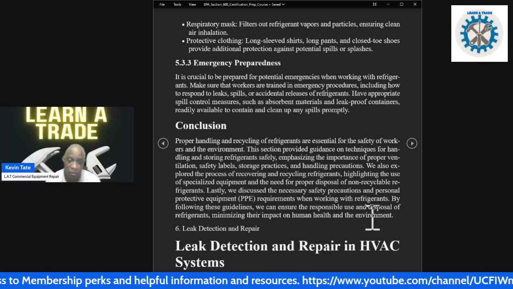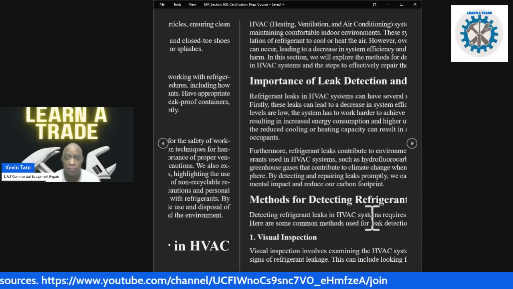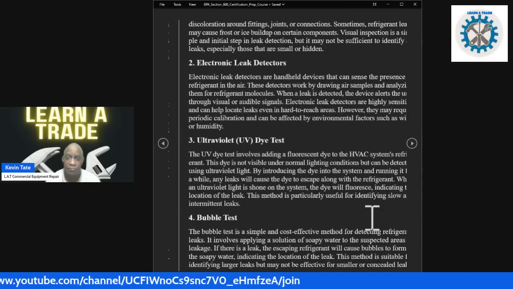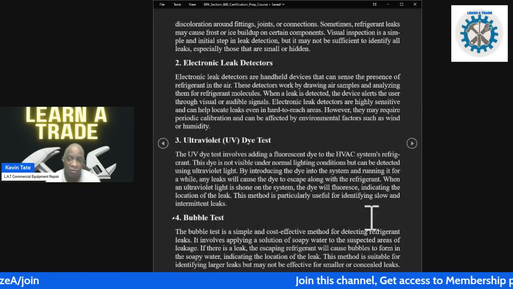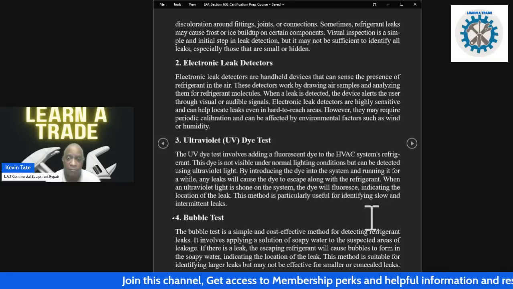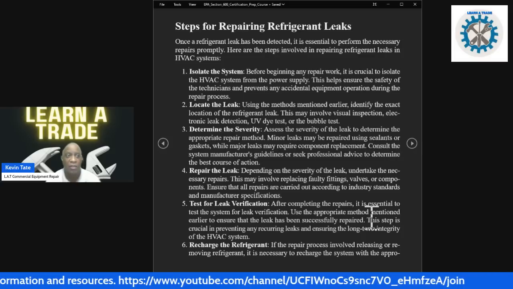Section 6, they're going to go over leak detection and repair in HVAC systems. They're going to go over your electronic leak detectors, your ultraviolet dye tests, your bubble tests, which you heard me mention a few times in past videos.